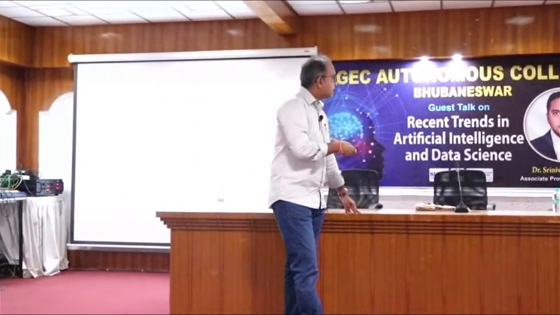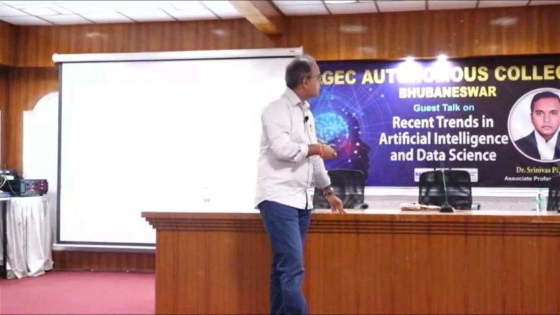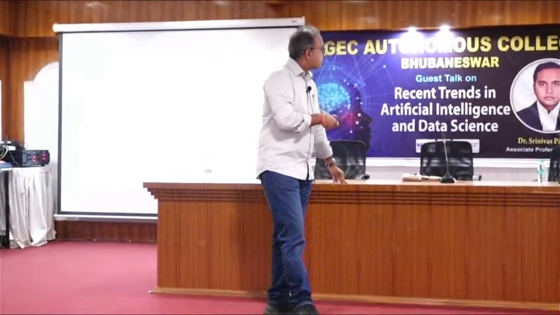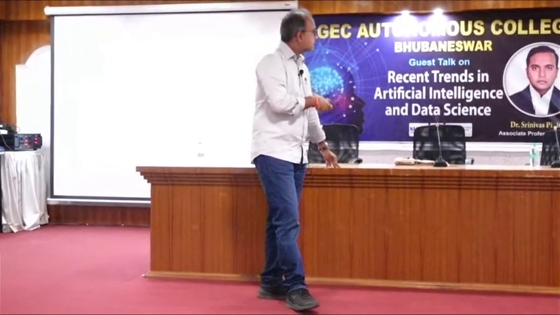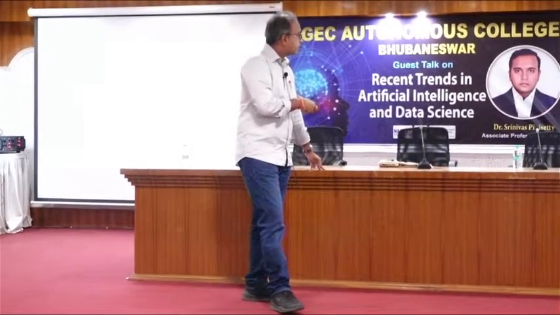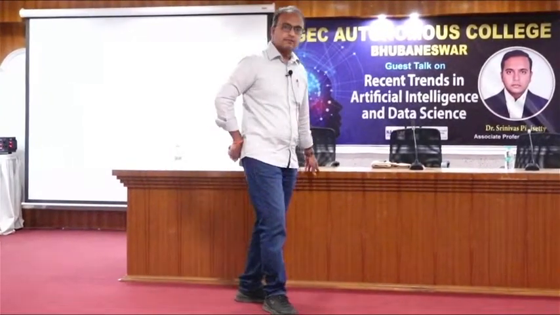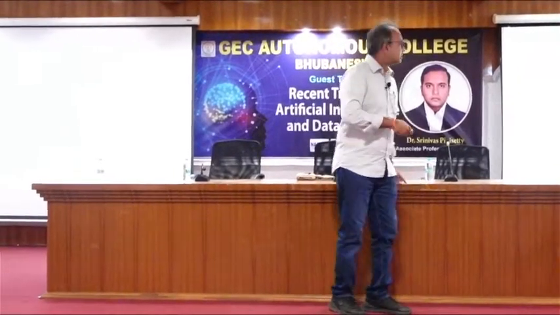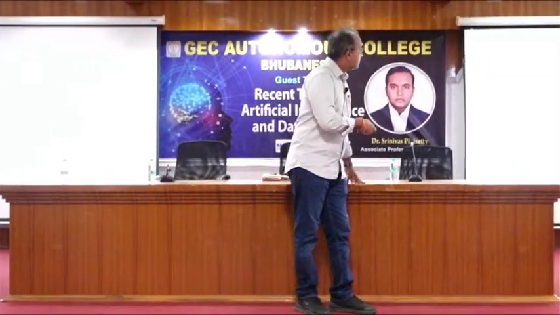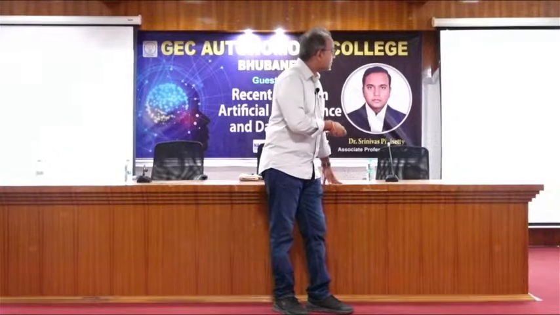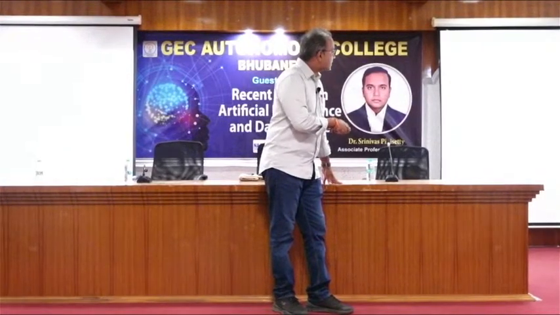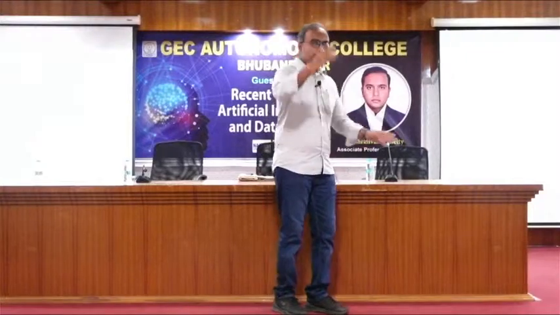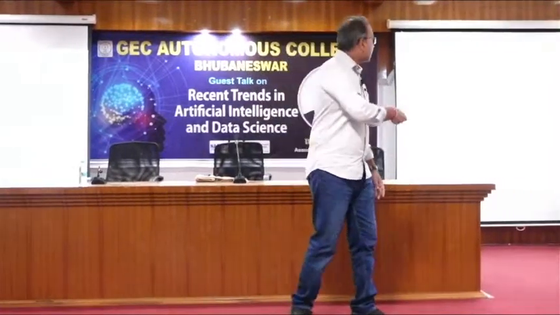In the early 1950s, Alan Turing, a researcher, proposed something called the Turing test. What is this Turing test actually? In a Turing test, there are three things involved. On one side, there is a person sitting who is trying to interact with the parties on the other side.